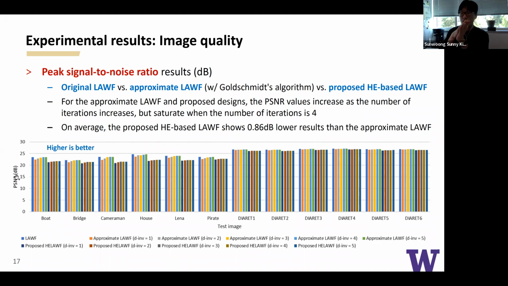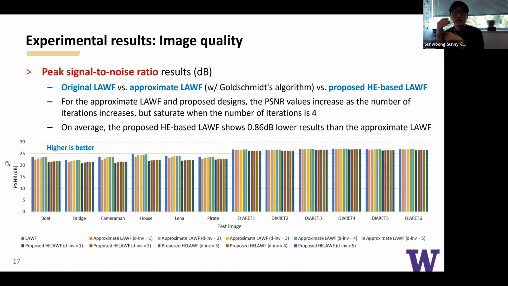shows the PSNR value. The first thing we found was that for the previous approximate design and the proposed design, which are based on iterations, the PSNR values increase as the number of iterations increases. But when the number of iterations becomes 3 or 4, then PSNR values no longer increase on average.